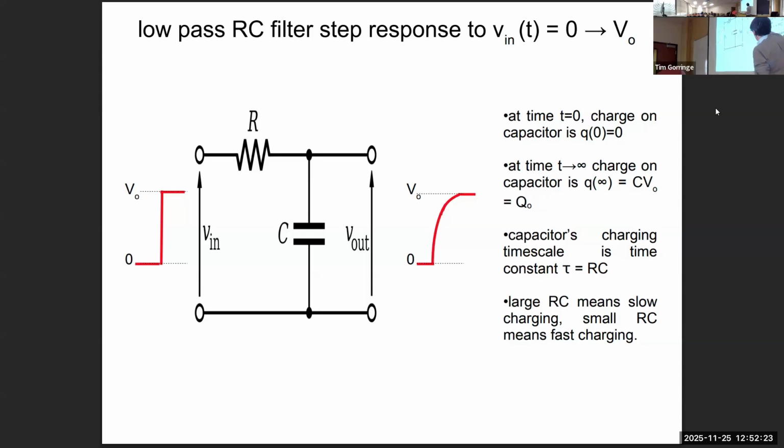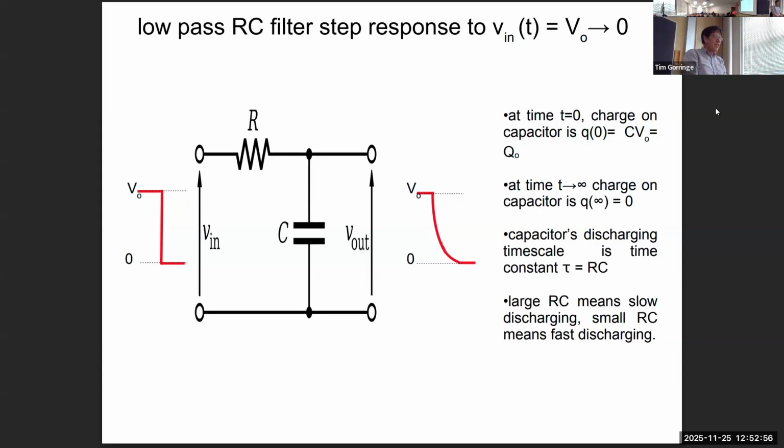So it's that period that is the growth of the voltage across the capacitor. But once we fully charge up the capacitor, or the charge is stored on the capacitor, then there's no current flowing in the circuit. And with no current flowing, there's no voltage drop across the resistor. We see the full voltage across the capacitor. So that's an arrangement that gives us a low pass filter.